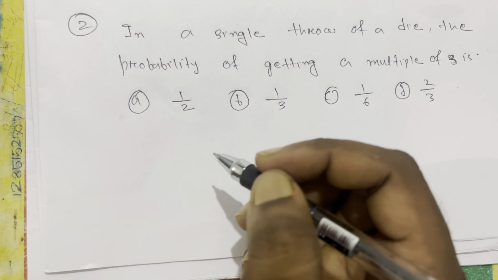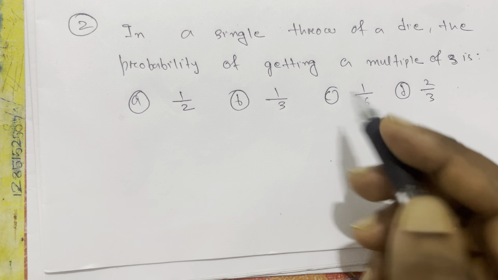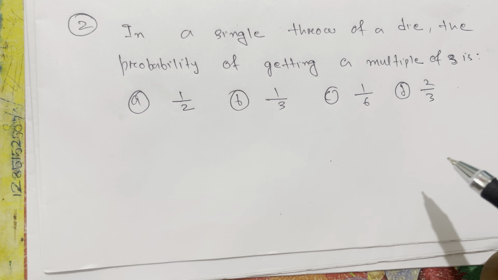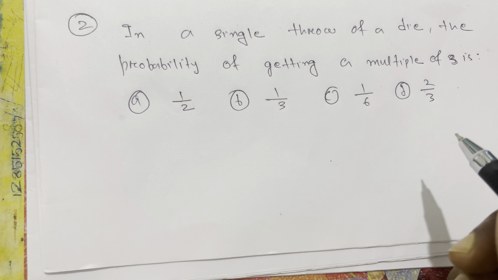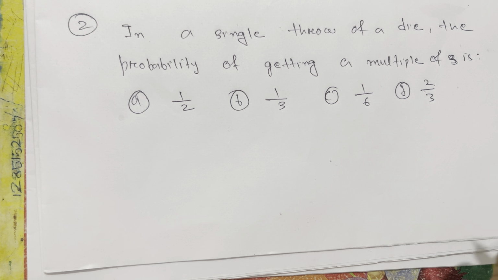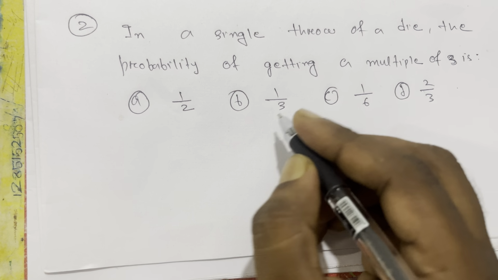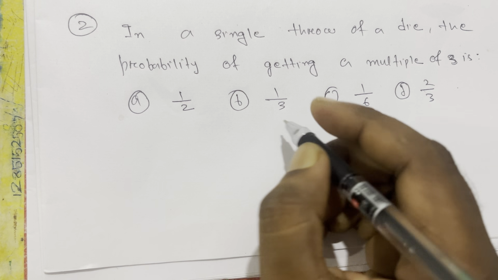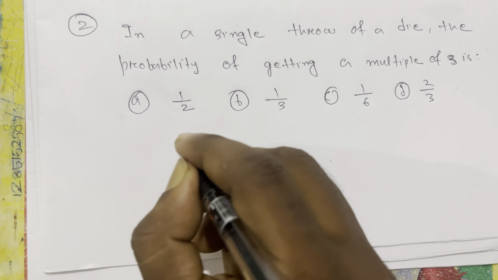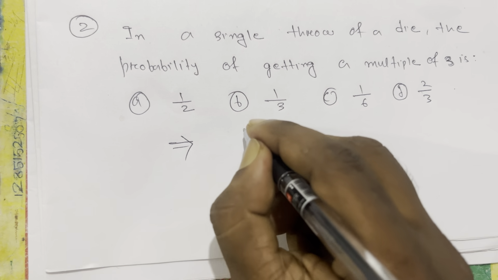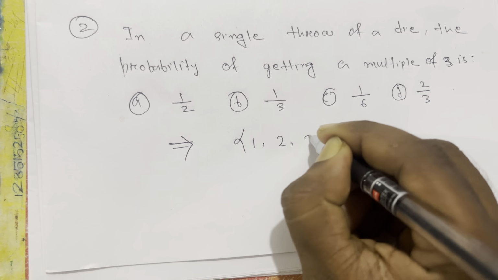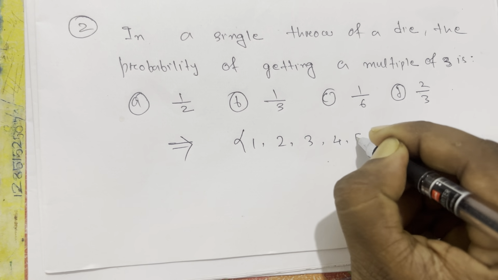Question number 2. In a single throw of a die, find the probability of getting a multiple of 3. So this is very simple. If you throw a die, what will be the possibilities of outcomes? The outcomes of a dice are 1, 2, 3, 4, 5, 6.